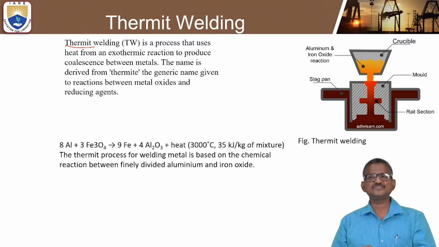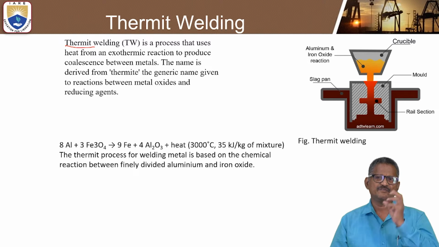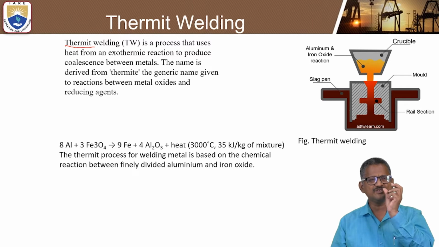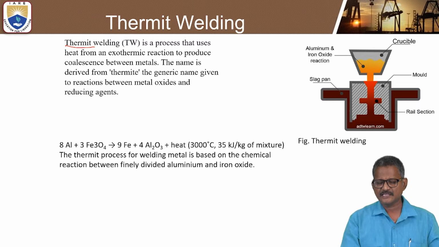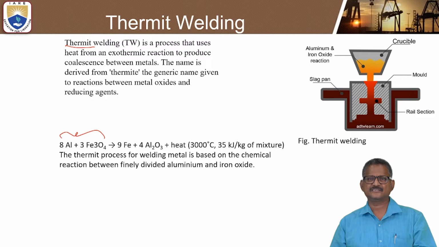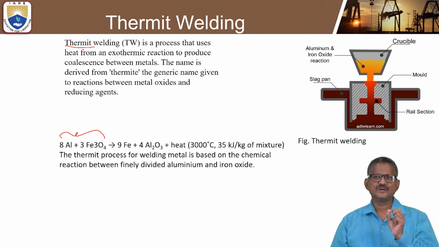So around 3000 degrees centigrade, where the mixture gives 35 kilojoule per kg of the thermite mixture, which you can call aluminum and iron oxide, Al plus Fe3O4.